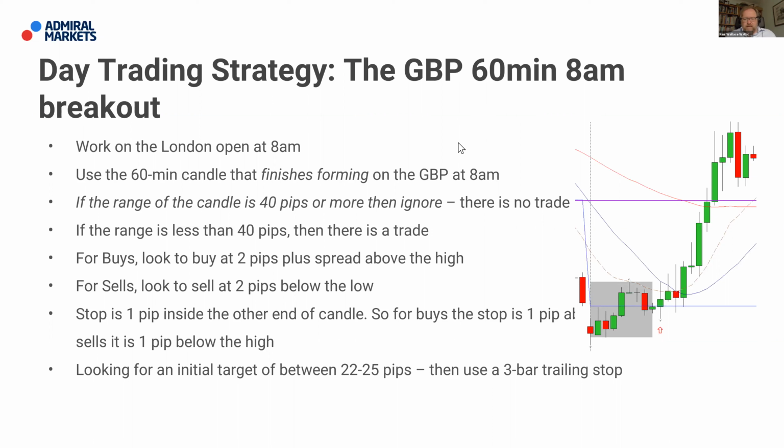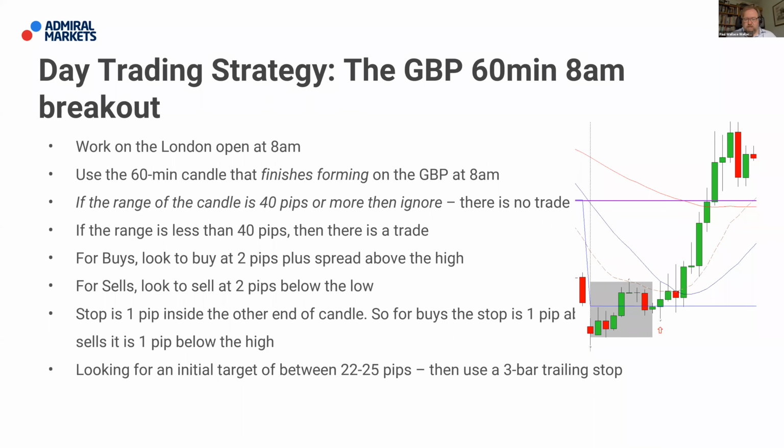But here's a simple little breakout strategy for you. Take the 60-minute candle that finishes forming on the pound at 8 a.m. If the range of the candle is 40 pips or more, ignore it. There is no trade because the market's already moved. What we're looking for is price to be quite compressed and then blow out from there.